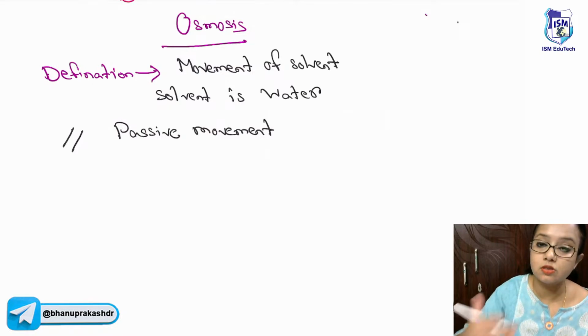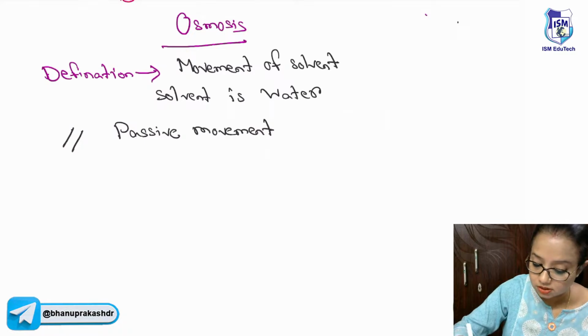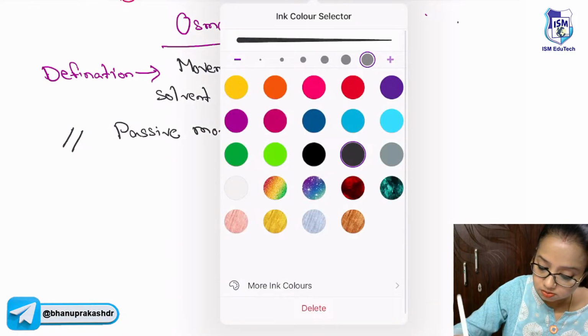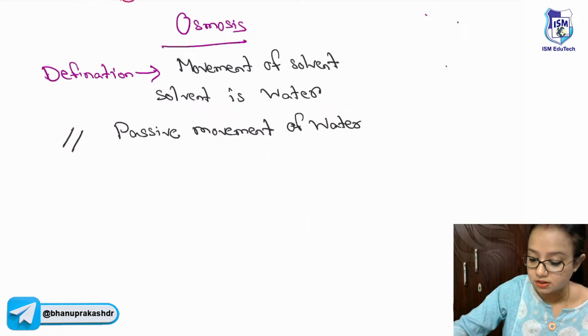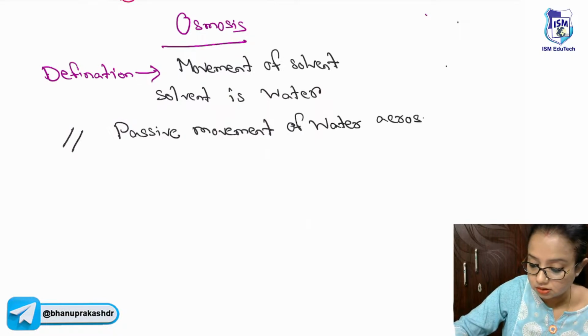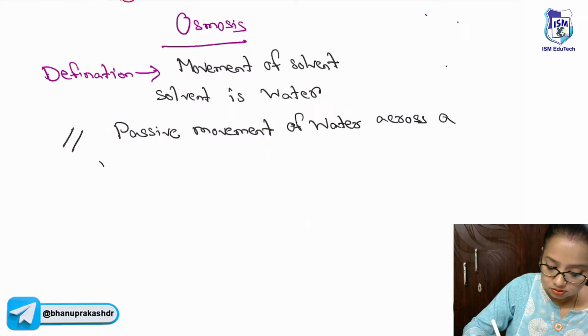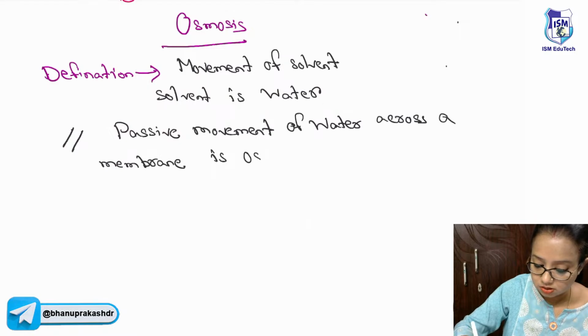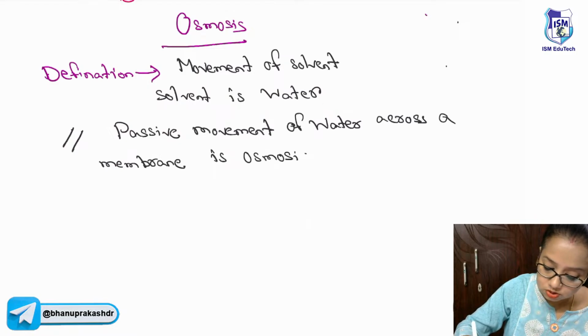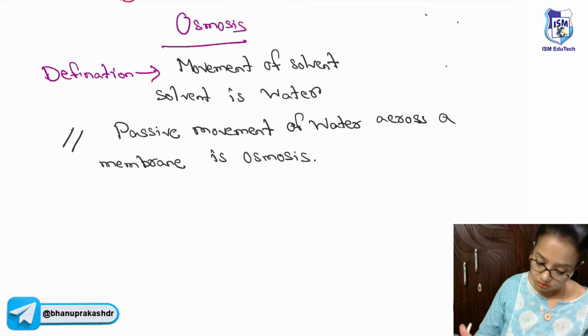So, diffusion of water or passive movement of water across a membrane is osmosis. Okay.